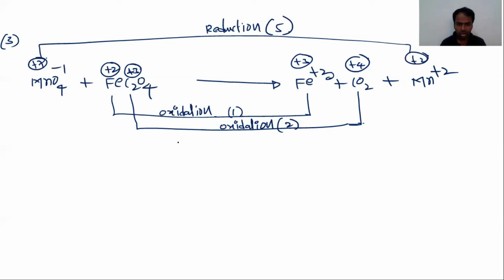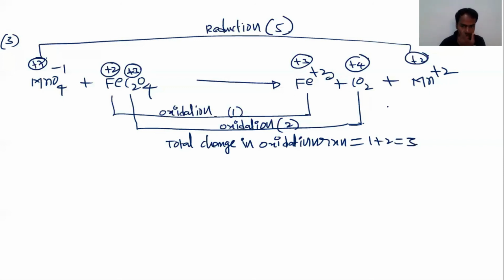Then find the total change in oxidation. The total change in the oxidation reaction is 1 plus 2, that is 3. So the total change is 3 here.